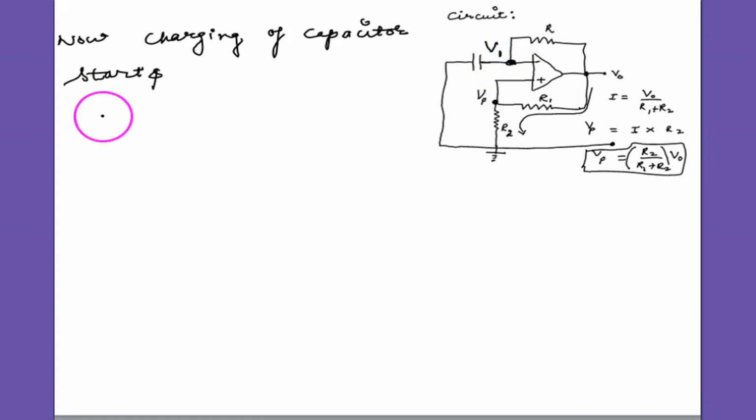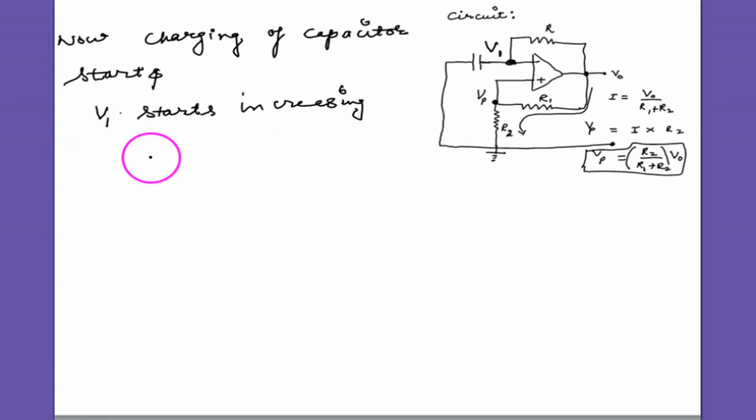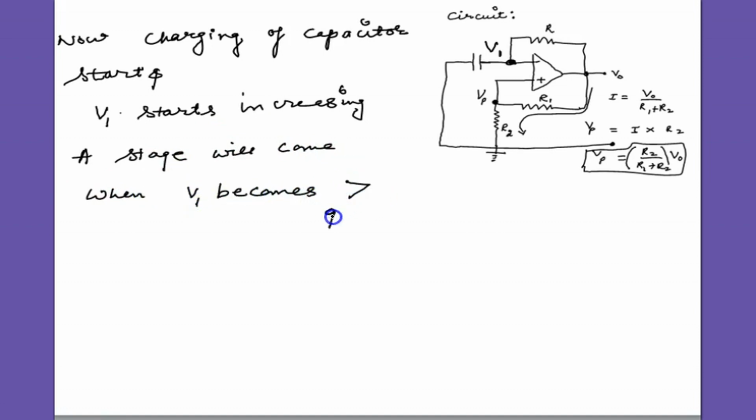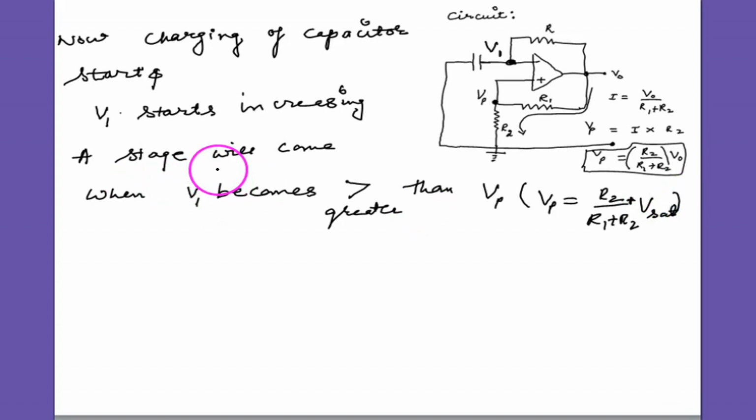As the capacitor starts charging, V1 starts increasing. A stage will be reached when V1 becomes slightly greater than Vp. Then the op amplifier output jumps from positive saturation to negative saturation, because now V1 is greater than V2.